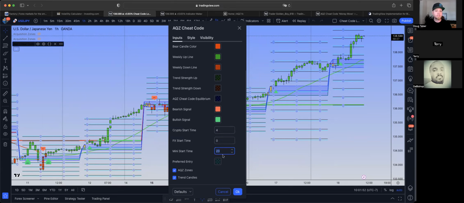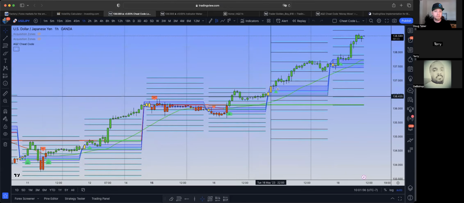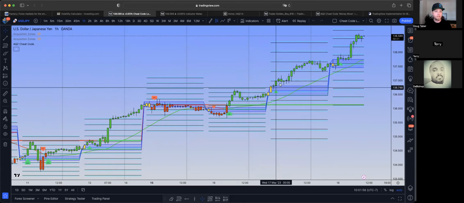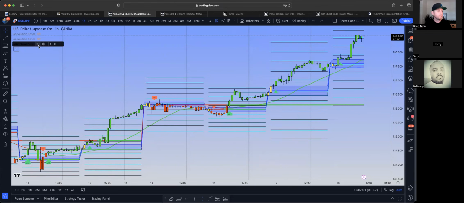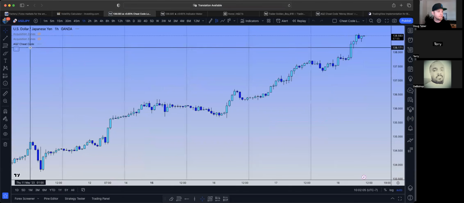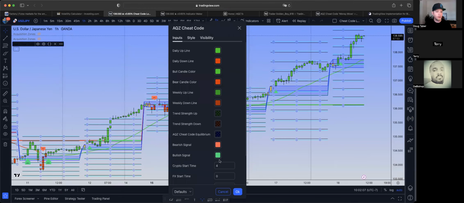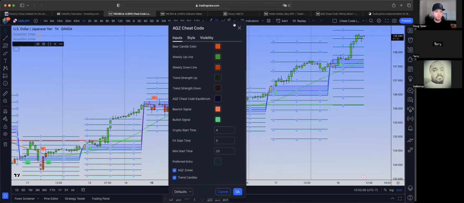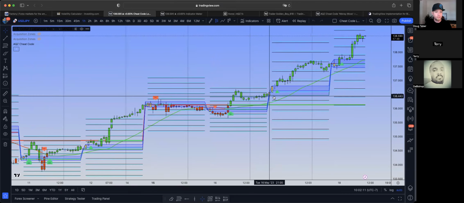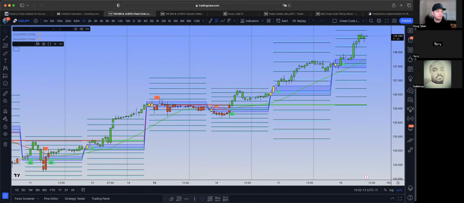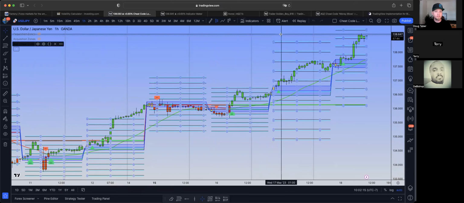These numbers are set for midnight to 2 a.m. Eastern Standard Time. You can set these levels for any time you want. And what this will do is move the AQZ block to wherever you want.